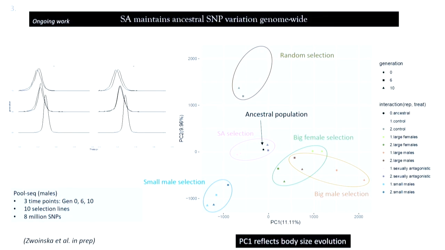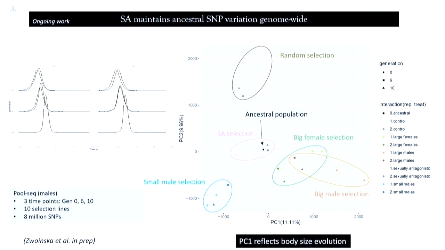So we have pool-seq data. Something has happened to the colors here. So we have pool-seq data from different time points in each of our selection lines, and we can see here in this PCA analysis that the first axis of variance is really recapitulating the selection history.